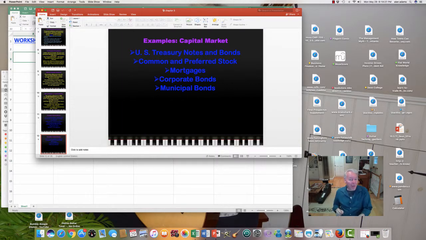A T-bond matures in more than 10 years, okay? They're all still good, solid investments from the U.S. government. The only difference between them? Timing. Timing of when they mature for payment, okay?